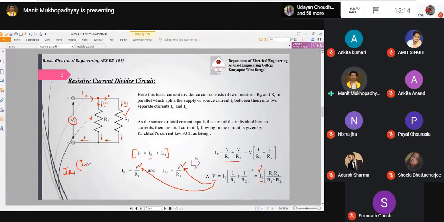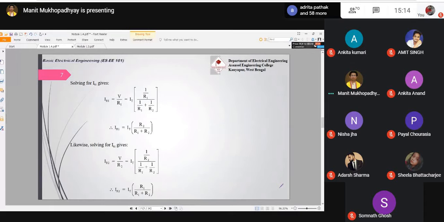There will be no place for voltage, so we will replace the voltage by this equation. It is very easy to understand, nothing more complicated. Check here, it is done. The voltage V value is put in this circuit, and it is calculated.